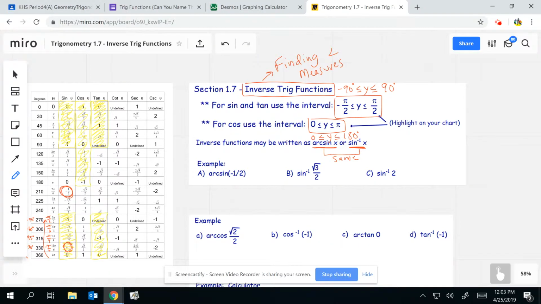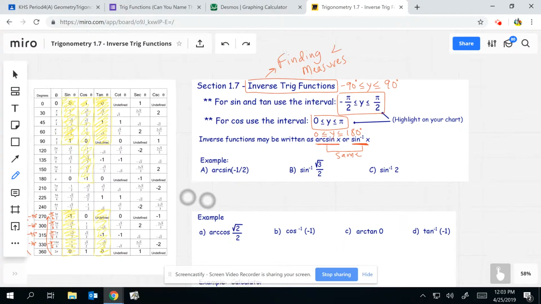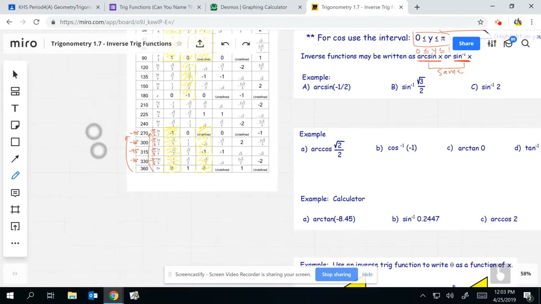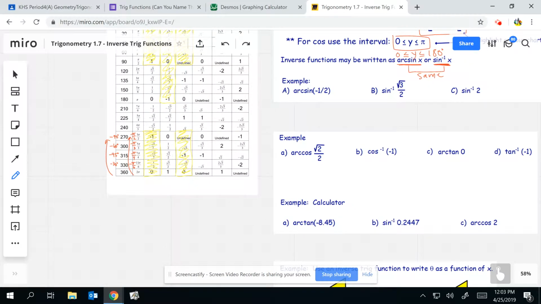We need to find the one that is between our interval. So we've got all kinds of answers. Sine is -1/2 at all of these angles right here.